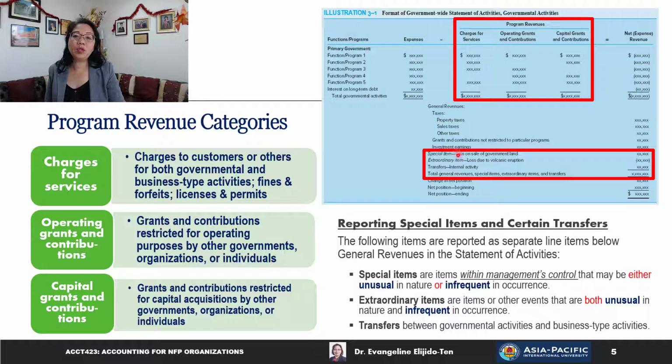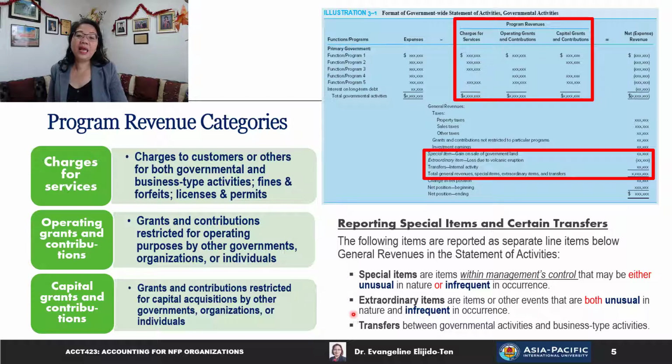For example, the gain or loss on sale of governmental land is an example of a special item. It is unusual and it will not be occurring frequently. The government will not always sell governmental land because they are not in the business of buying and selling land. However, it is within the management control to either sell or keep the land.